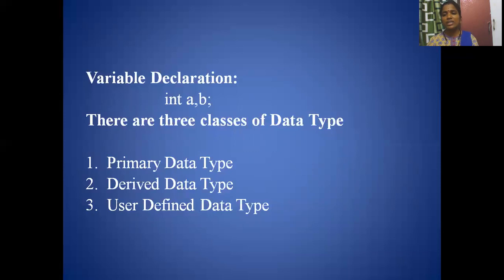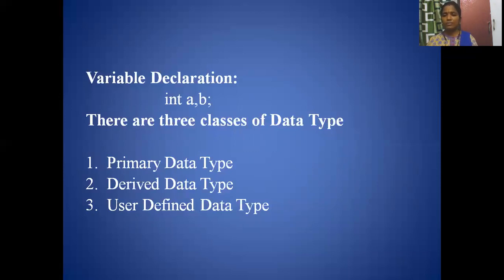Whereas coming to the second data type, that is derived data type. Derived data types are nothing but they are derived from primary data types. So they are not existing on their own; they are derived from already existing data types. What's the next?